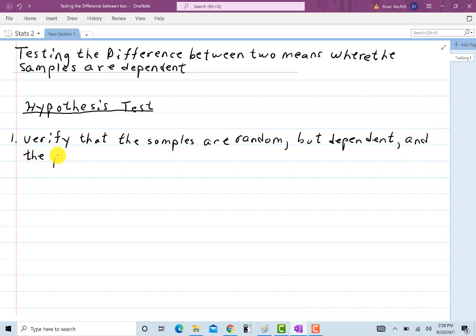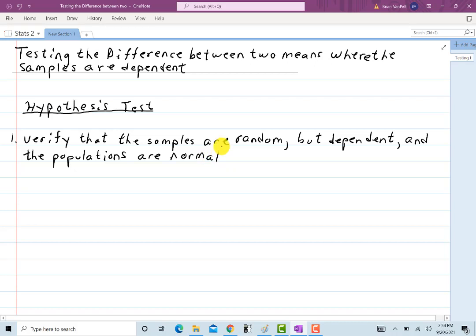And the populations are normal. And we're going to make that assumption for all of this, but technically there either need to be normal or the number of items in the sample needs to be at least 30.